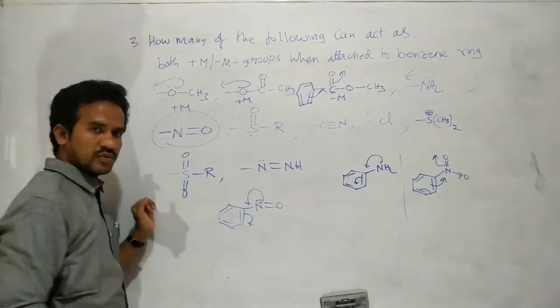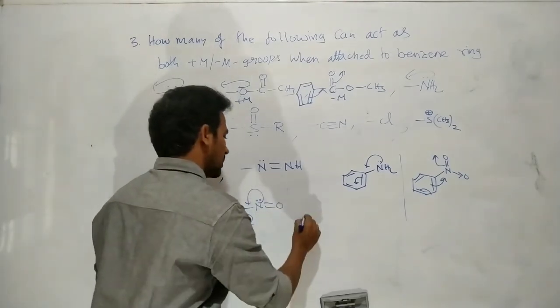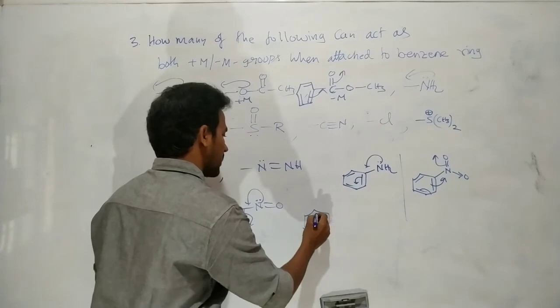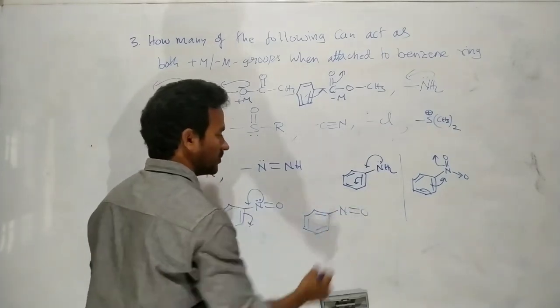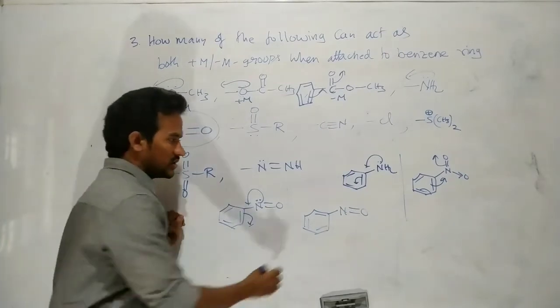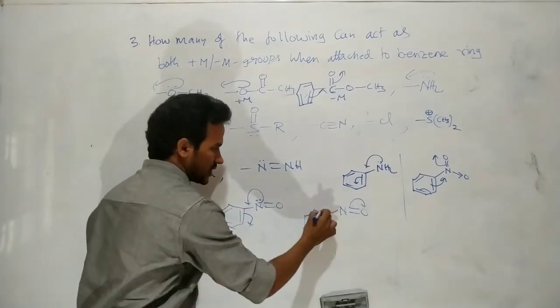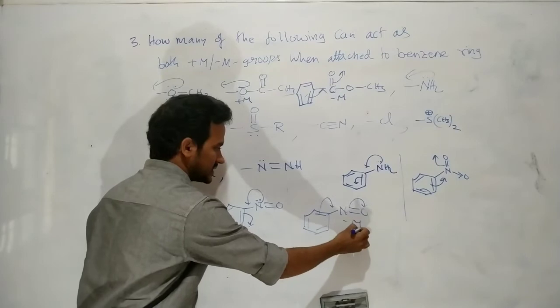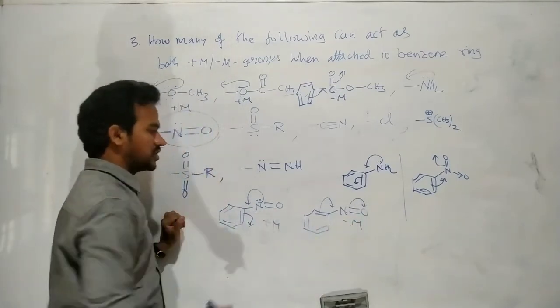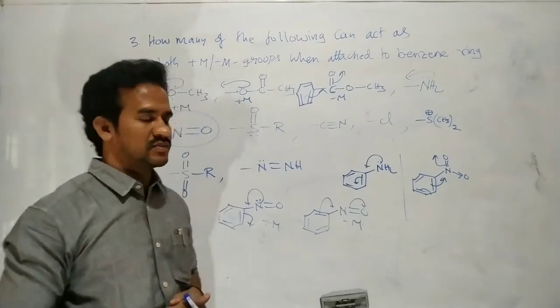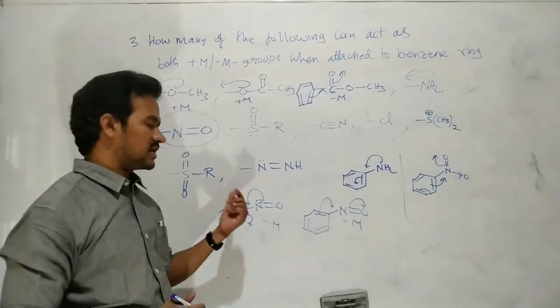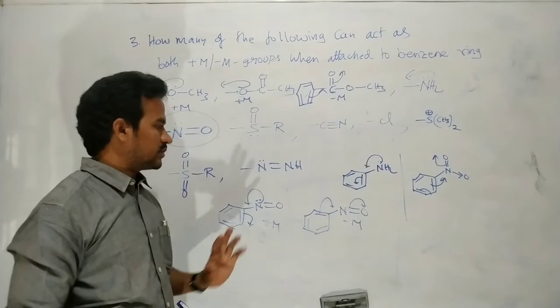Next, the pi bond here, this one, N double bond O. There are multiple bonds, so it also acts as a minus M. This is the minus M group, and here plus M. That means the same group can act as both plus M as well as minus M, because the attached atom has non-bonding electrons and multiple bonds.